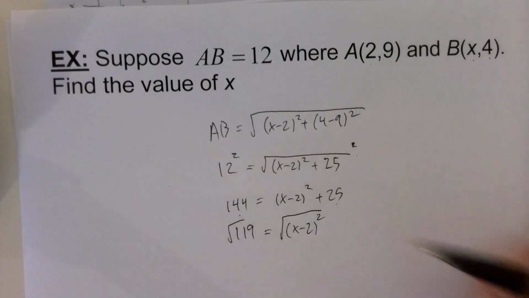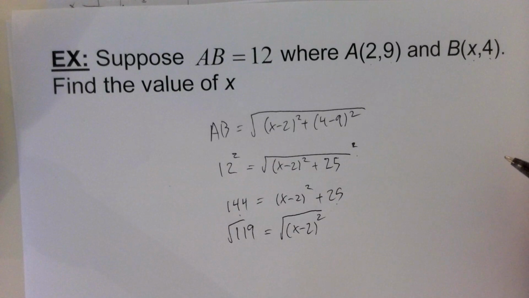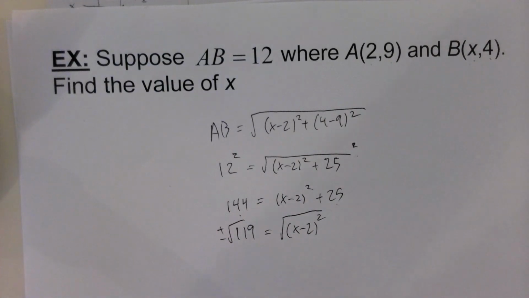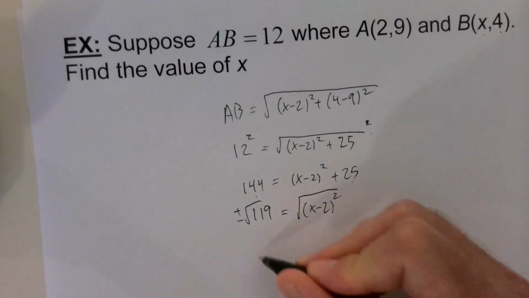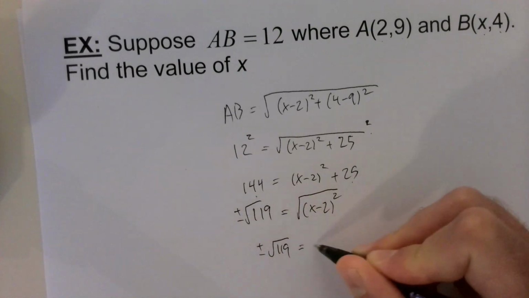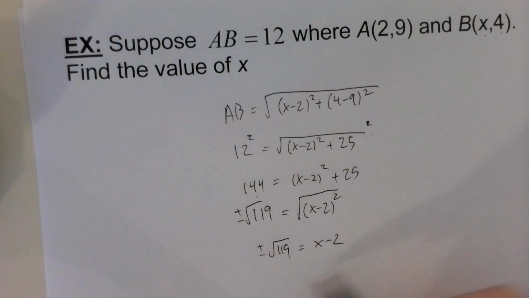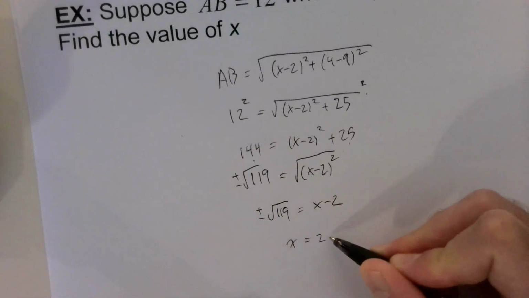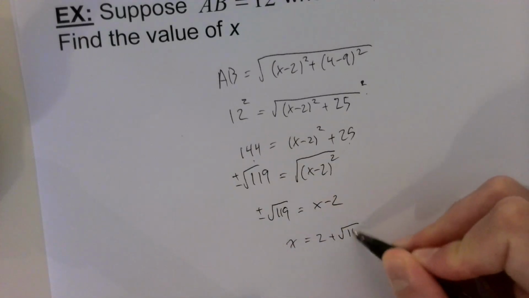Now that we're looking at coordinates, coordinates are positions in the xy plane. Those can be negative. So this is plus or minus. So this tells us give or take square root of 119 equals x minus 2. Add 2 on both sides, and x could either be 2 plus the square root of 119.